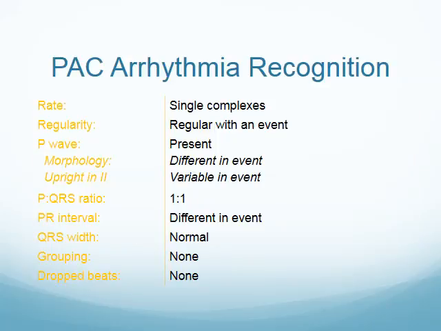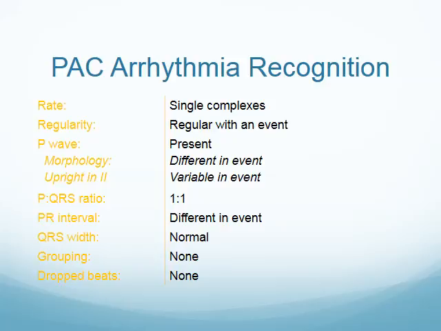So, identifying PAC arrhythmias: it's just a single complex. It can be regular. The P wave is going to have a different morphology during the PAC. It can be upright in lead 2, but not always. The P to QRS ratio should still be the same. The PR interval can be different during the PAC.